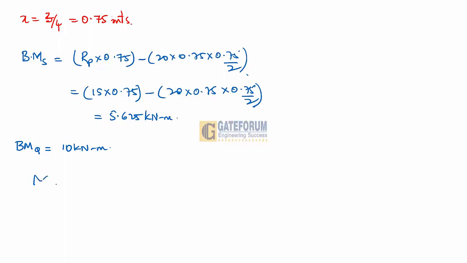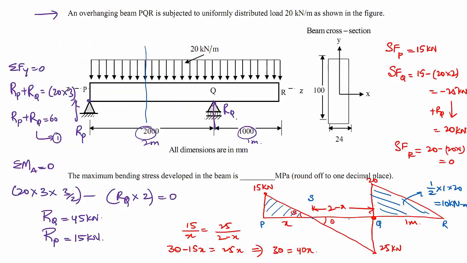So maximum bending moment is equal to 10 kilonewton meter, and we can calculate this area, but we cannot say that this is the maximum bending moment. So remember, let us calculate for this shaded area.